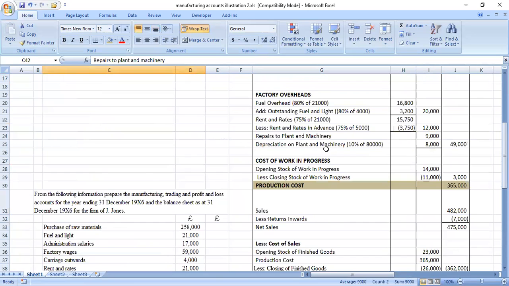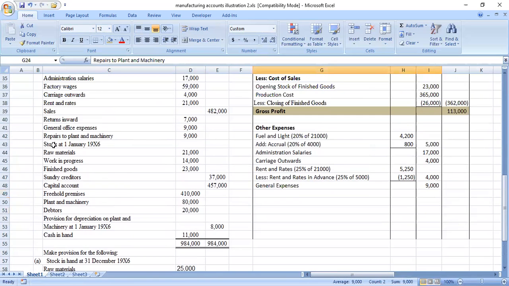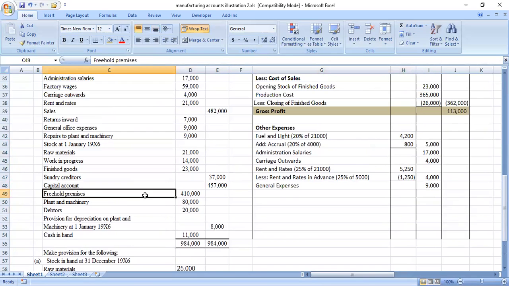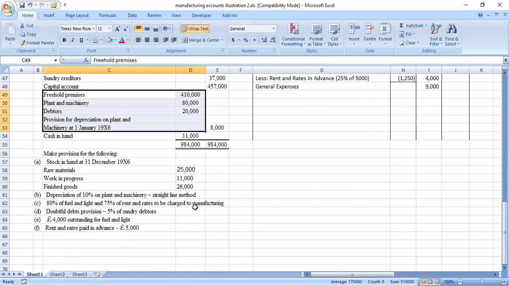I think we put that above. That's 9,000. Stocks are already captured. Sundry creditors is not an expense. It will go to the balance sheet. Capital account, balance sheet. Freehold plant and machinery, balance sheet. Provision for depreciation on plant and machinery. Cash in hand. I think we have exhausted the expenses.